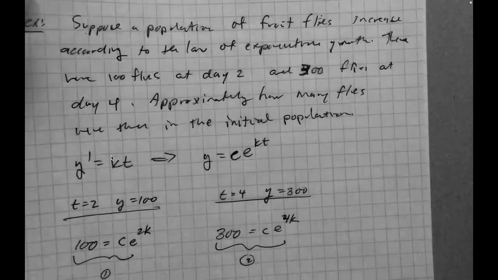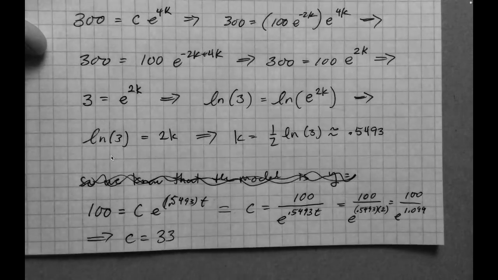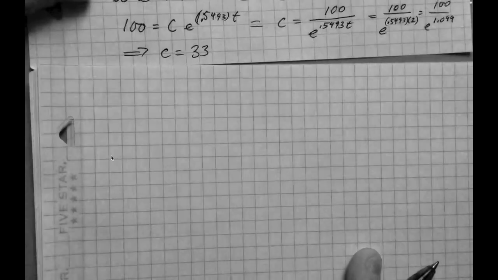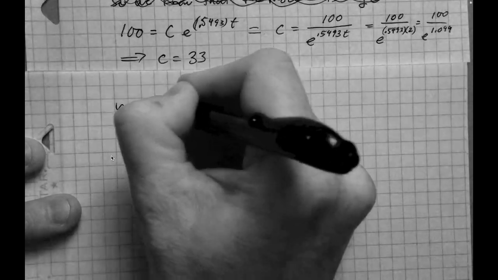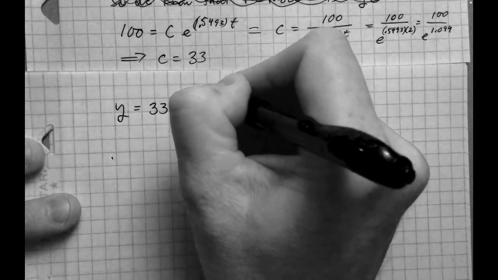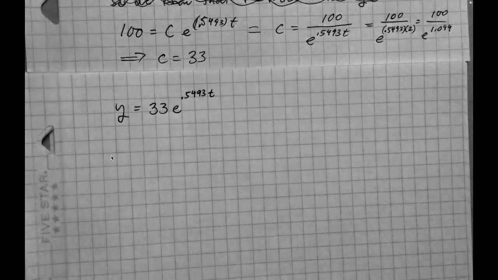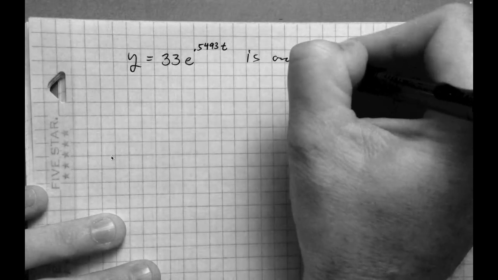Now remember, the initial population is going to be when t is equal to 0. So our model will look like this: y equals 33 e to the 0.5493 times t. That's our population model.